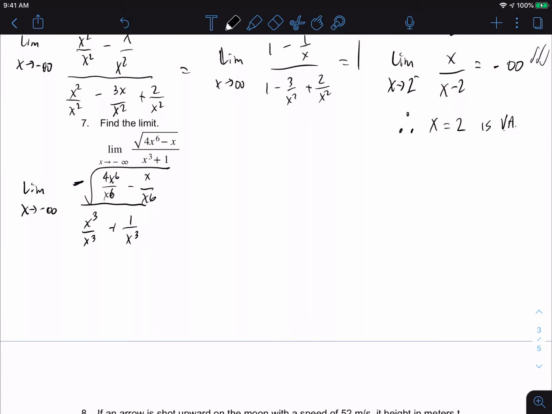The negative is there because x to the third became x to the sixth, but we're approaching from the negative side, and since we're approaching from the negative, the negative must come out in front. So I'm going to get a negative root of 1 minus 1 over x to the fifth over 1 plus 1 over x to the third. The limit as x goes to negative infinity. This will go to 0, this will go to 0, and so my answer is negative 1.